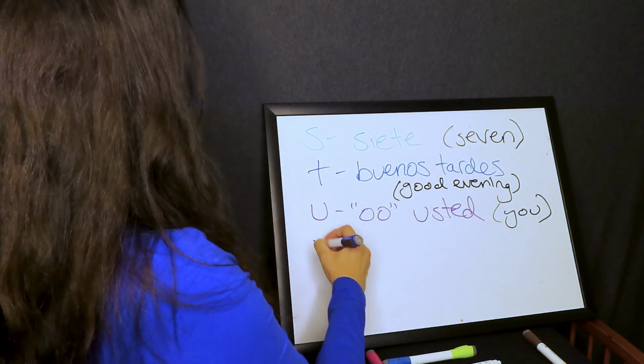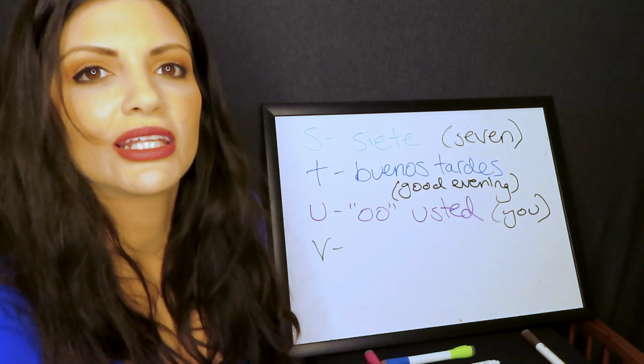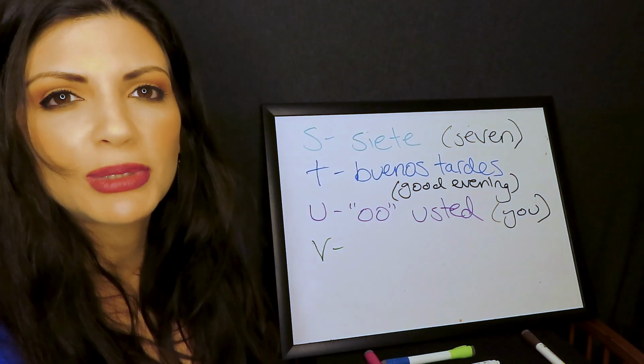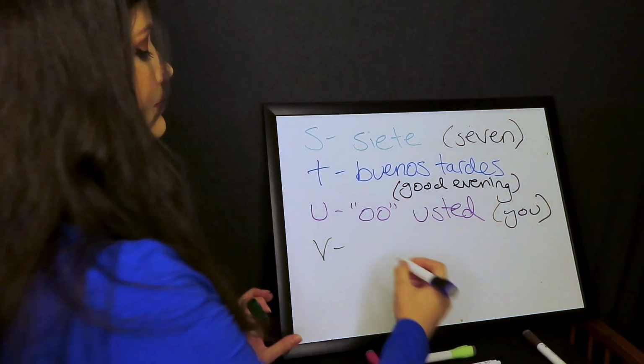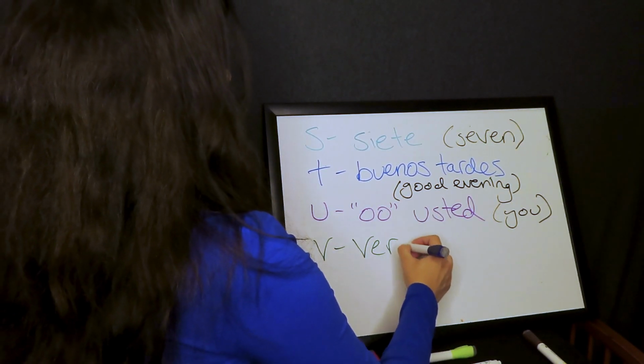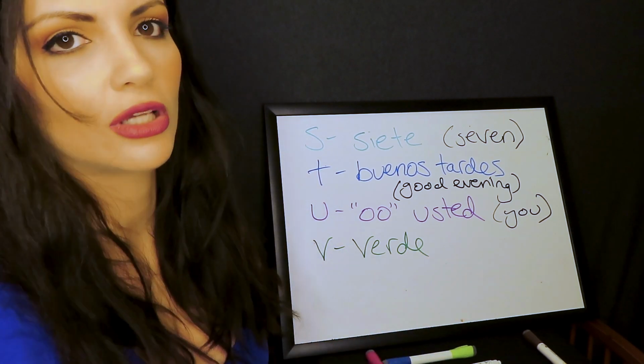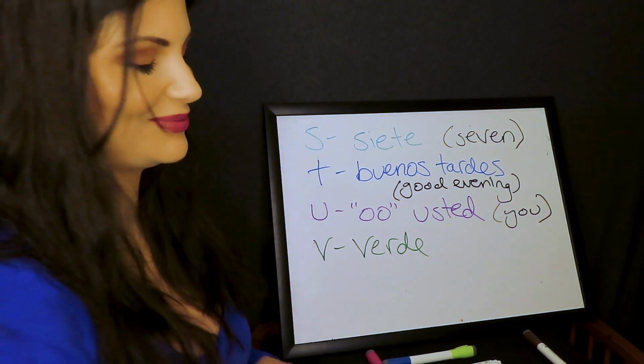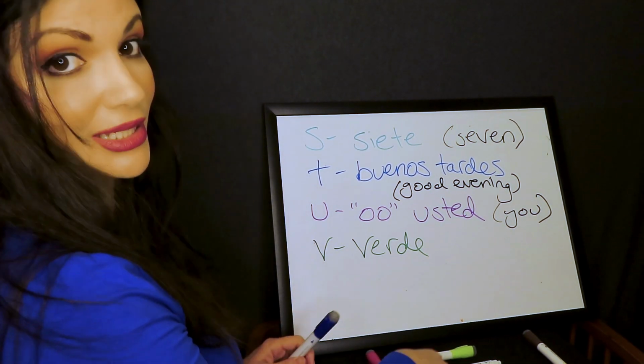V is similar to English, but it is kind of blended with a B sound. So a little softer. Verde, which means green.